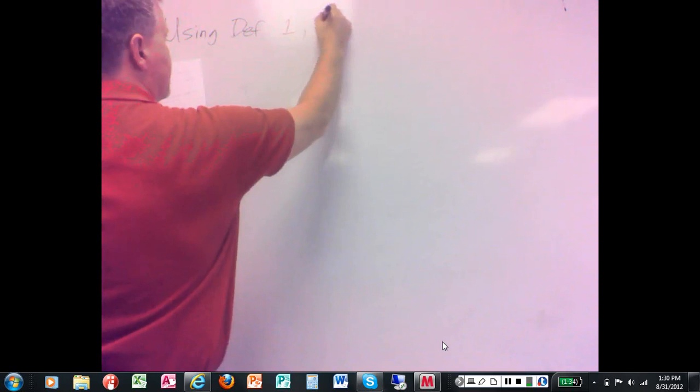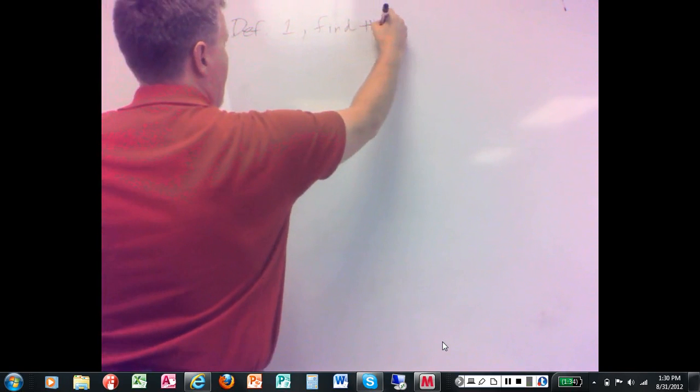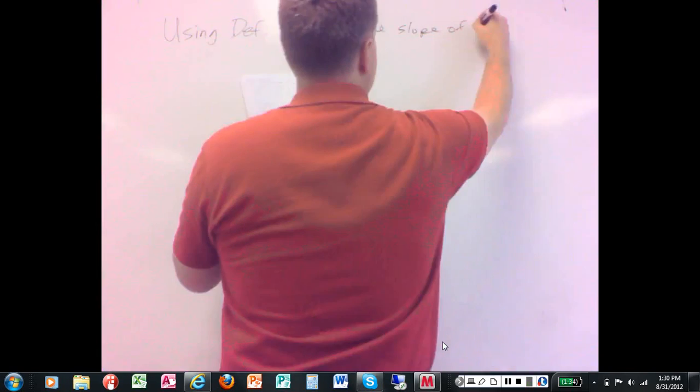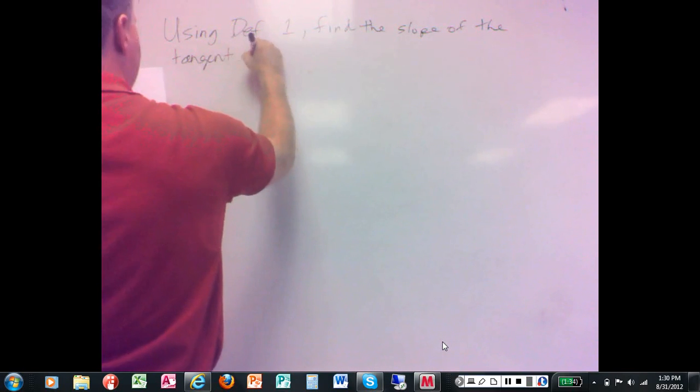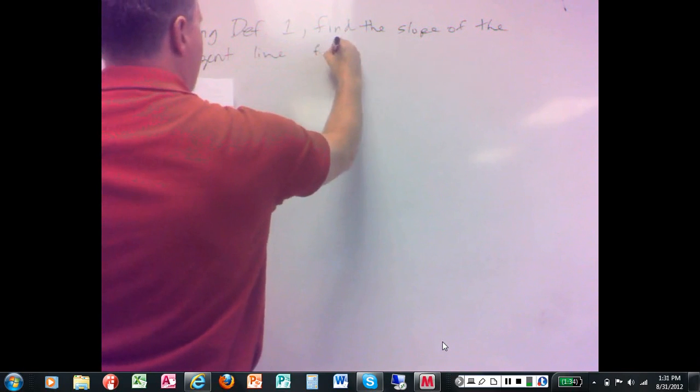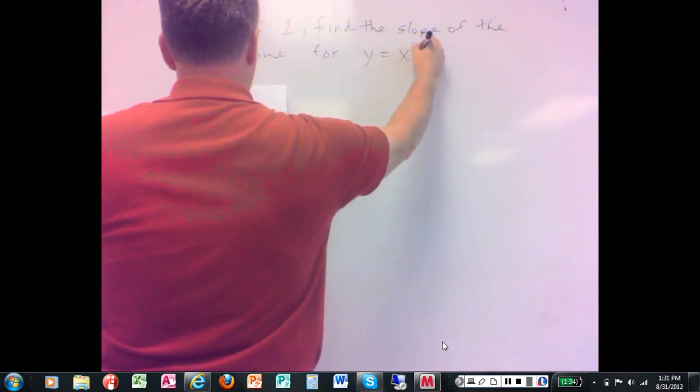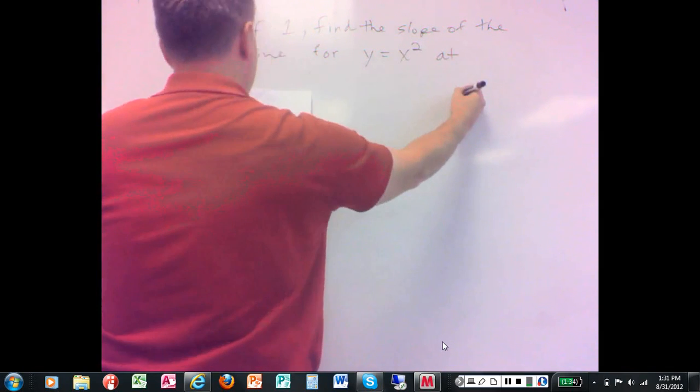find the slope of the tangent line for y equals x squared at the point (3, 9).